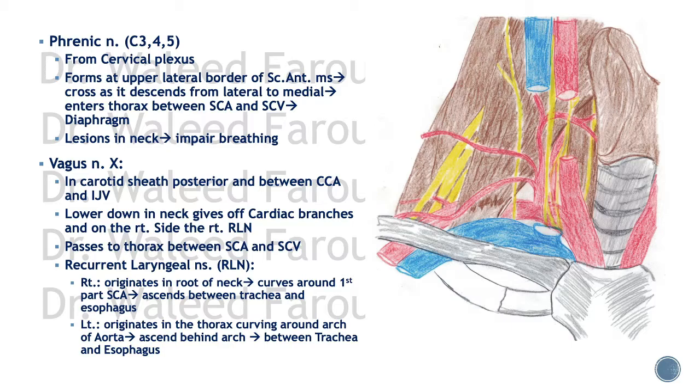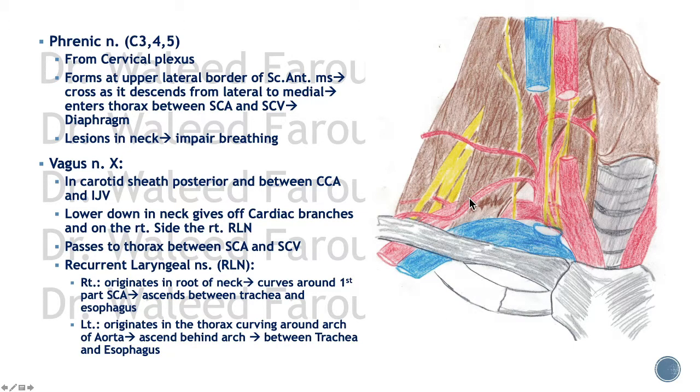Actually, this is an extra protection for this vital nerve, because injury to the neck doesn't necessarily have to affect the trachea to impair breathing. No, it may cause paralysis of the right side of the diaphragm because of the injury of the right phrenic nerve in this case. The right side of the diaphragm won't work, so it's impairment of respiration, impaired breathing.